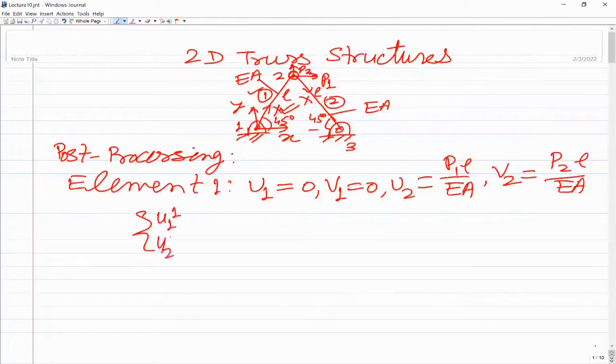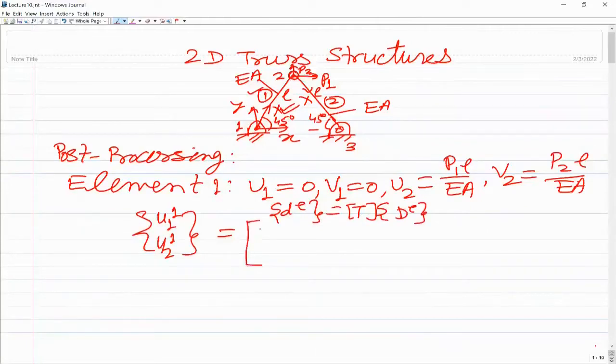So u11 and u21 would be equal to this T transformation matrix. You can recall that we had written that d^e is equal to T into capital D. So we are making use of this. This is the transformation matrix, and for the first element we have seen it was 1 upon root 2, 1 upon root 2, 0 0, 0 0, 1 upon root 2, 1 upon root 2, that is cos alpha and sin alpha we had said. And on this side we will have u1 v1 u2 and v2.